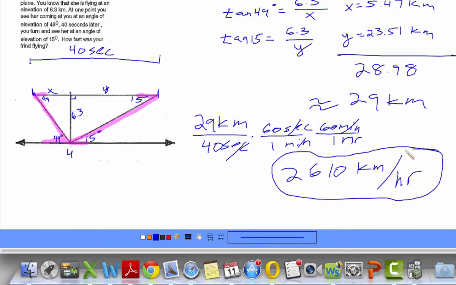Moving pretty good, your female friend, the pilot of a fighter jet. They didn't specify whether we should be in kilometers per second or what the case was, so we can go ahead with kilometers per hour.